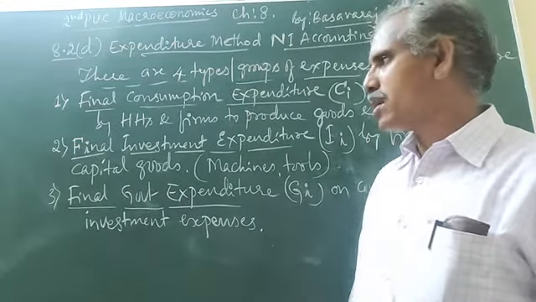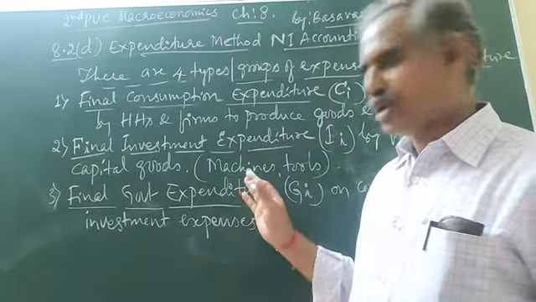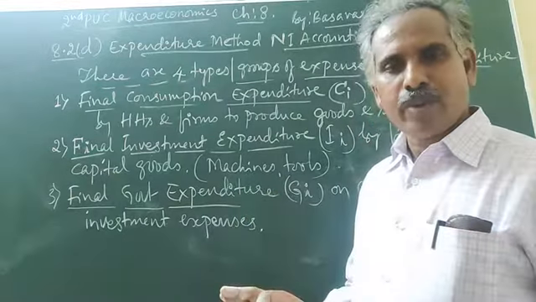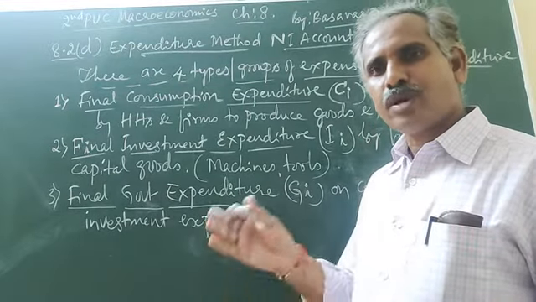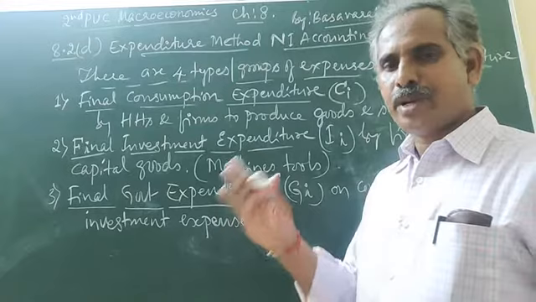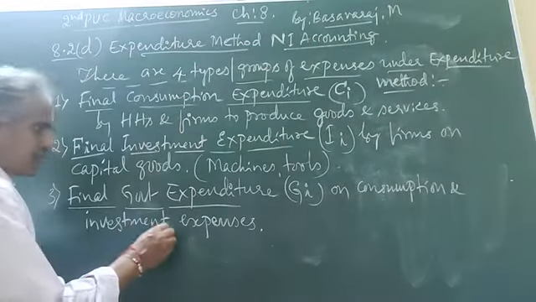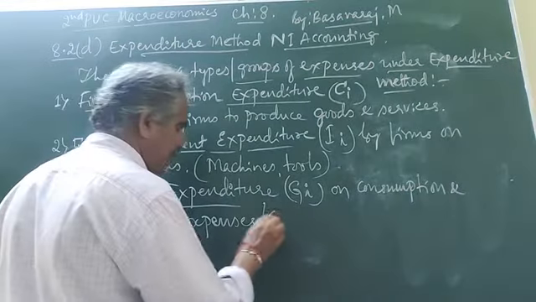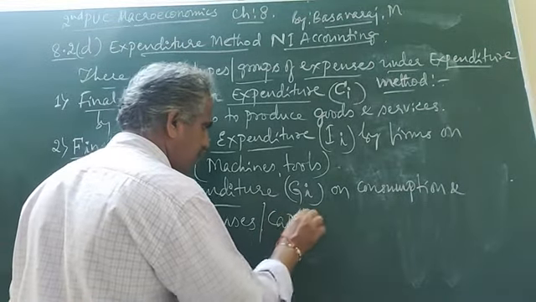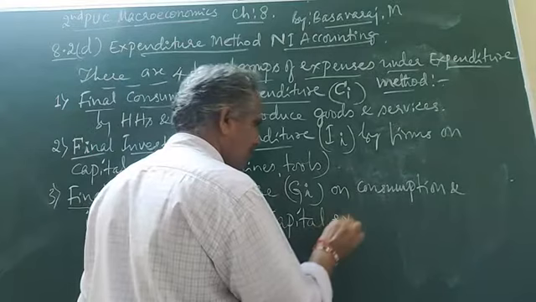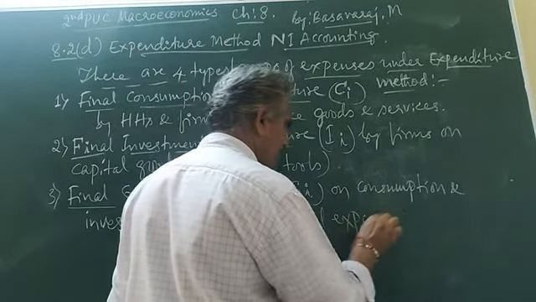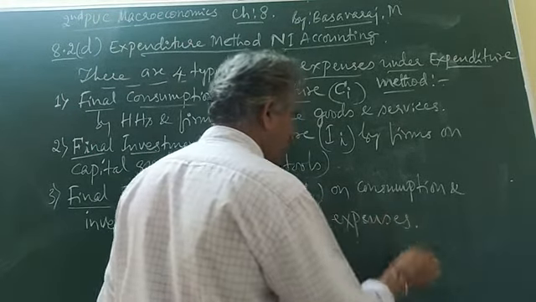This is the final government expenditure made on consumer goods, capital goods and investment goods. Here, investment expenditure is nothing but capital expenditure, capital expenses.